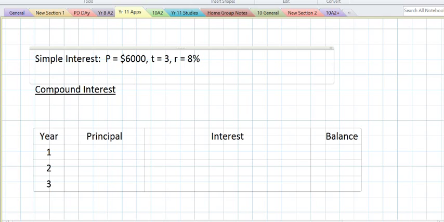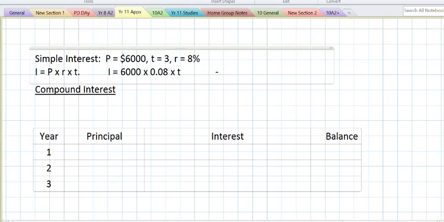Now, you've all been using the formula, so you'll know that interest is equal to principal times rate times time. And if we substitute in the numbers, our interest is going to be equal to 6,000 times rate, which is in decimals, so 0.08, times time in years.